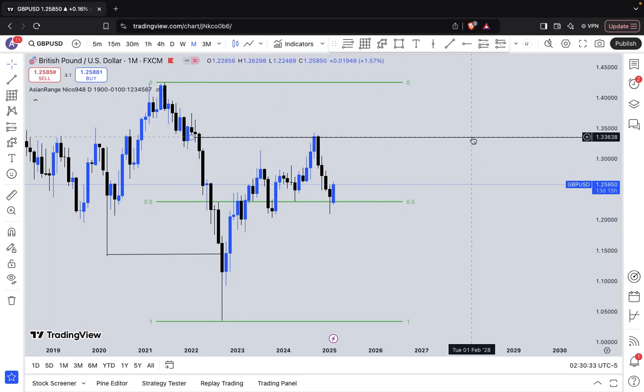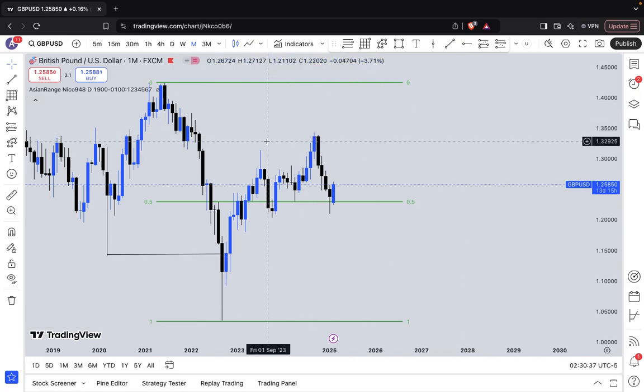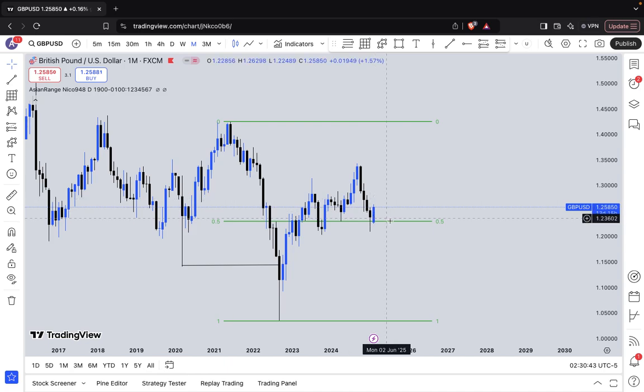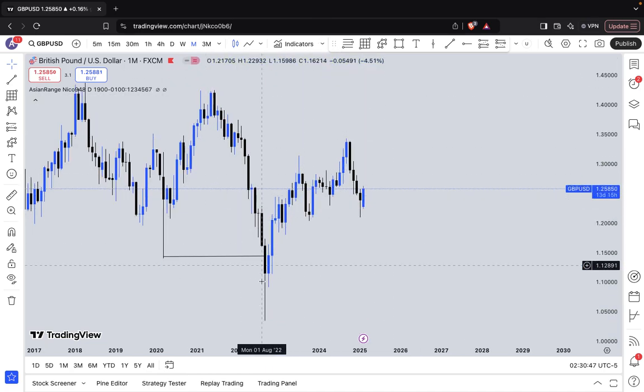So now, I think I've explained what internal liquidity is for you guys. Now we want to move from external liquidity to internal liquidity. Price has already gotten to internal liquidity, then we are expecting it to continue downward to take out this external liquidity.